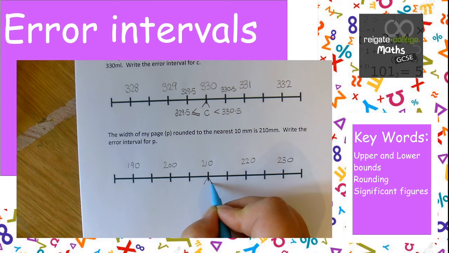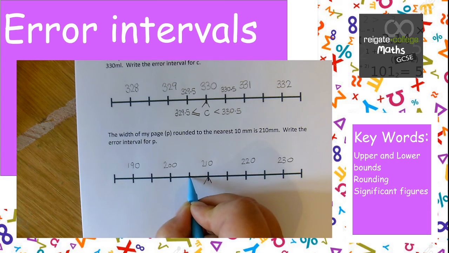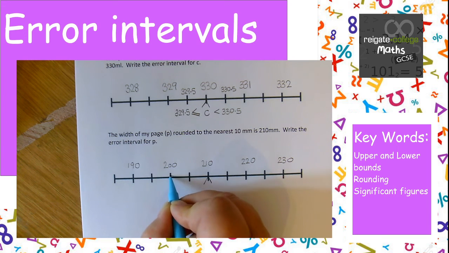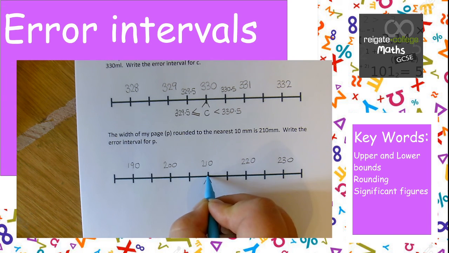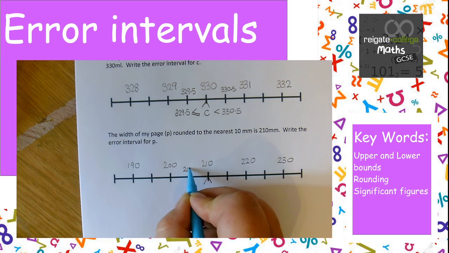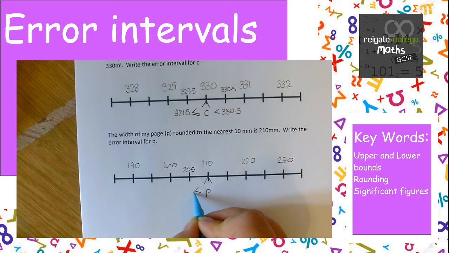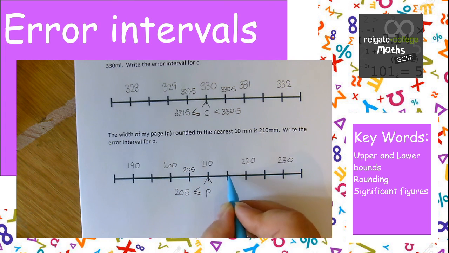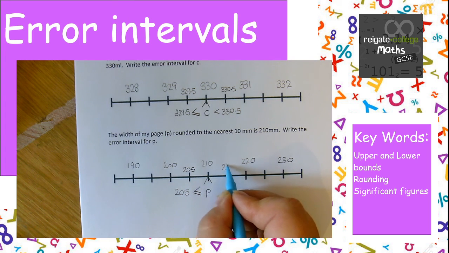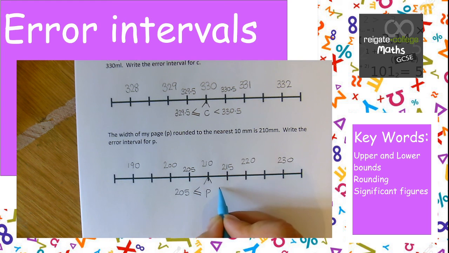If I'm rounding here, my crossover point is here. Halfway between 200 and 210 lies 205. P is greater than or equal to 205. Going up the number line, my crossover point is 215. So P is less than 215.